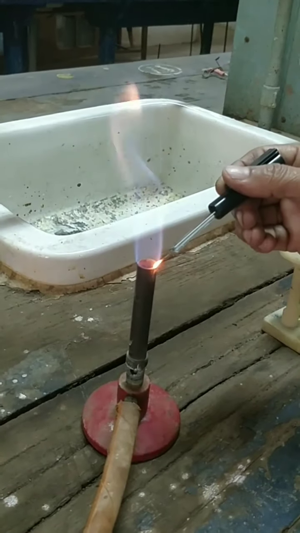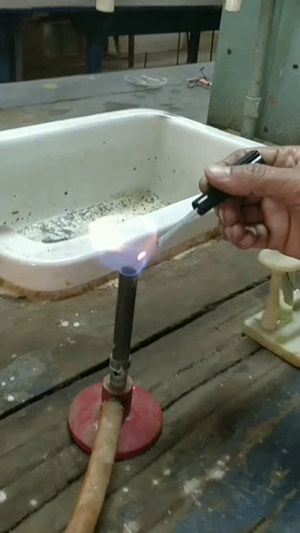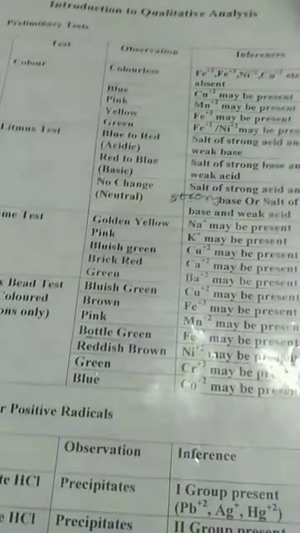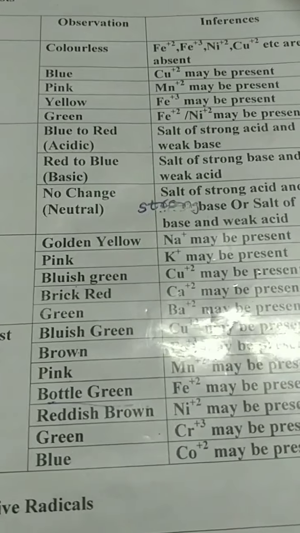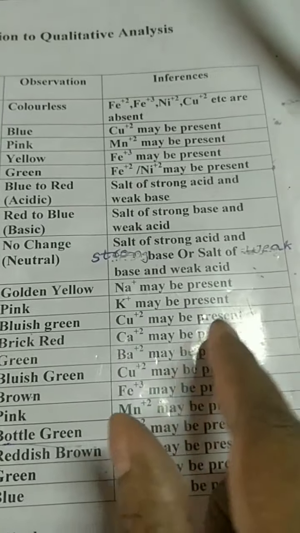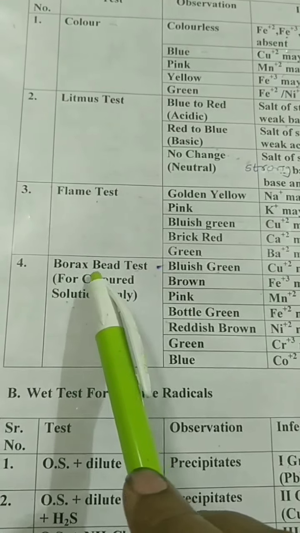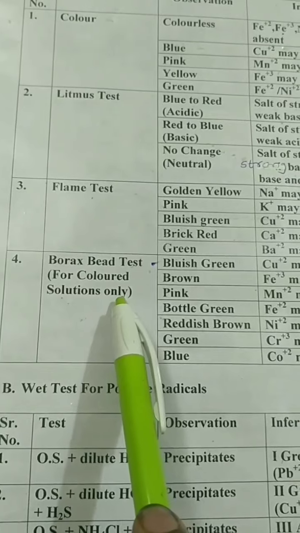Which shows Ca+2 may be present in the given solution. As you can see in the given chart, when the flame color is brick red, Ca+2 may be present. Now we will proceed to the fourth test, that is borax bead test.